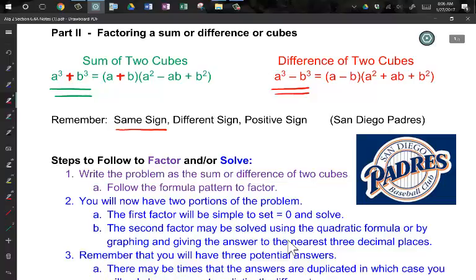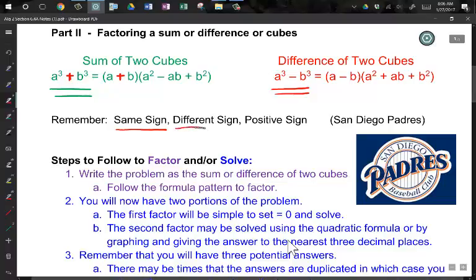And then the D of San Diego Padres stands for the second part having a different sign. So if the first one is a plus, then different than a plus is a minus. And then the third one always has a positive sign, so here's a positive. So let's look at the back one, a cubed minus b cubed. The first one has the same sign, a minus, then different, then a positive.